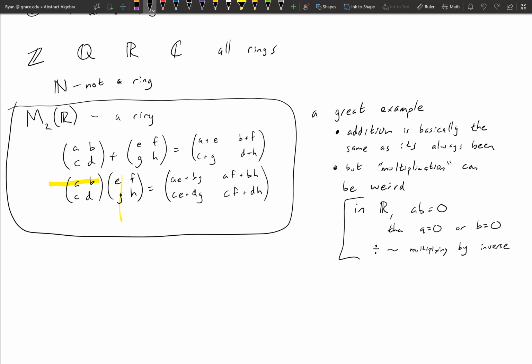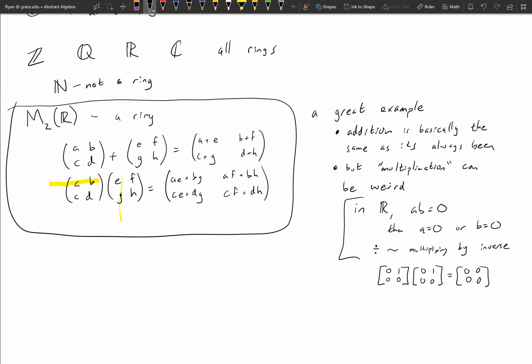Okay? So in 2 by 2 matrices, you can multiply 0, 1, 0, 0 times itself, 0, 1, 0, 0, and get the 0 matrix. So you can have two non-zero things and multiply them to get 0.